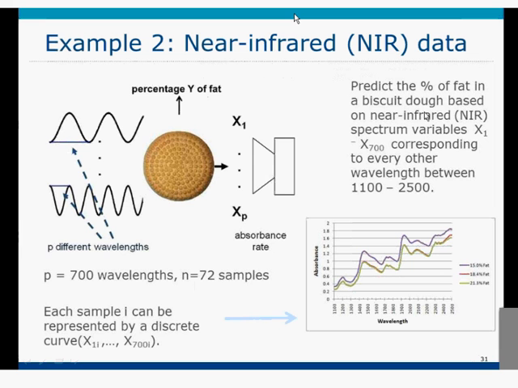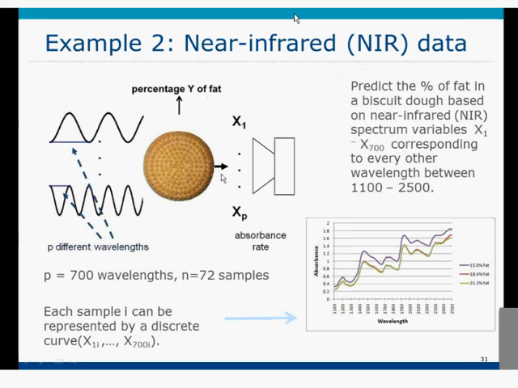These are samples of biscuit dough that are produced, and for each of these biscuits, we subject it to a spectroscopic analysis to determine these X1 to X700 spectrum variables. So we get these spectrum variables on each of the 72 biscuit samples.